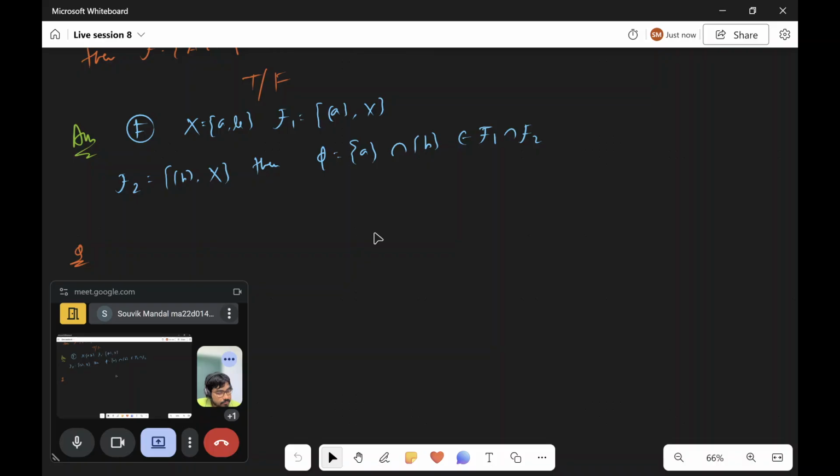The third question. Let X be a set having at least two elements.